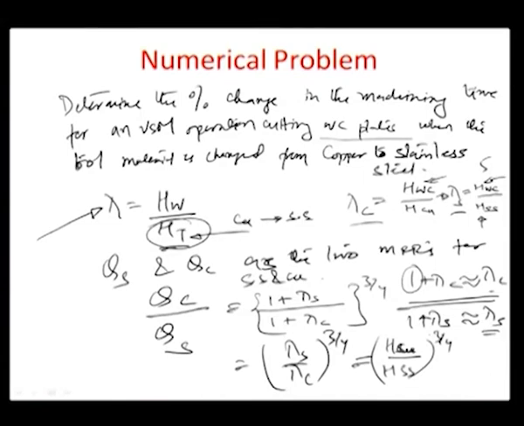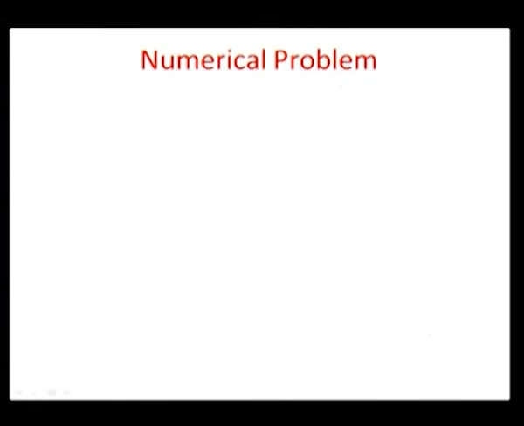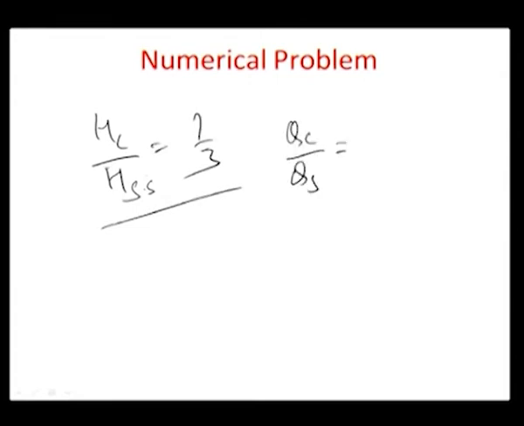So, we already know that the hardness of tungsten carbide to that of steel is about 1/3, and therefore QC by QS becomes equal to (1/3) to the power of 3/4, and this is about 0.44. Okay.